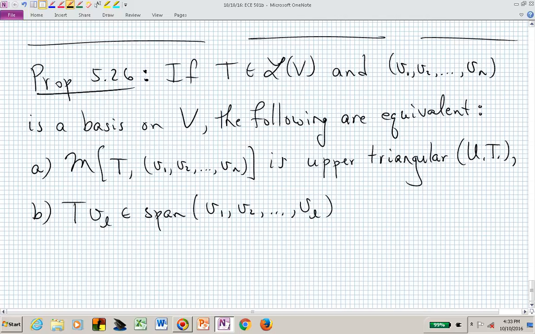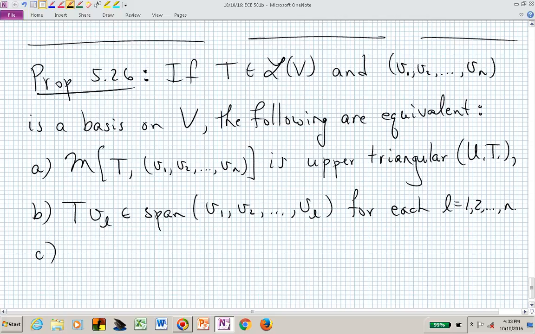And that's true for each L in our entire set of basis vectors. A and B are equivalent statements.